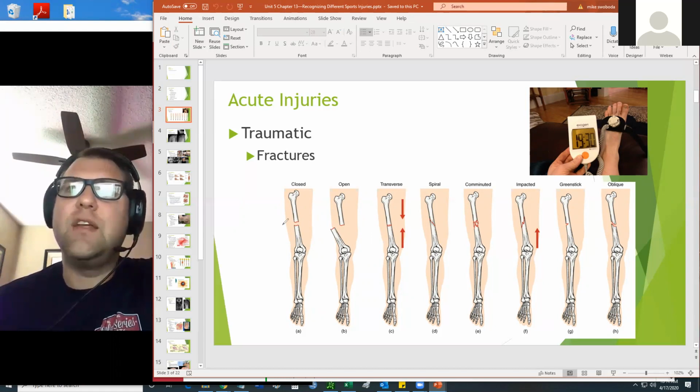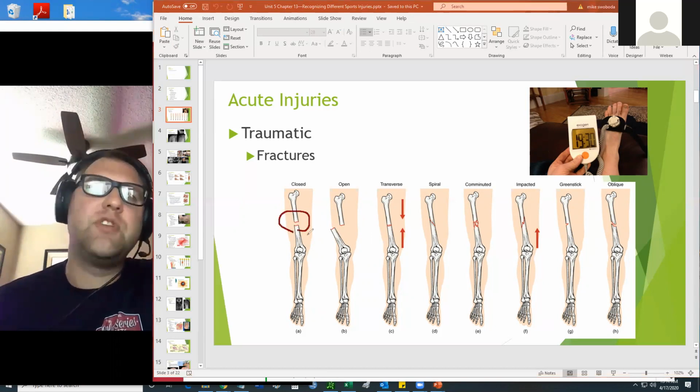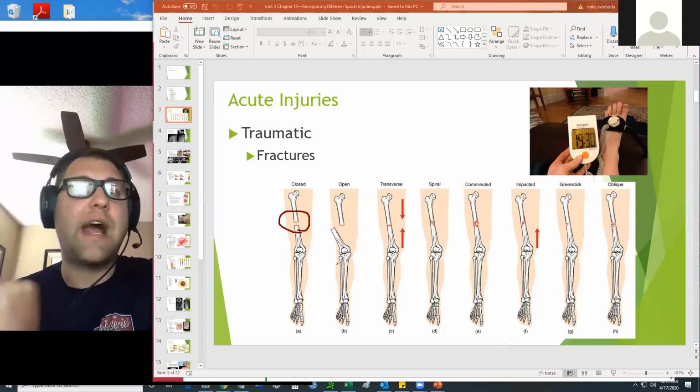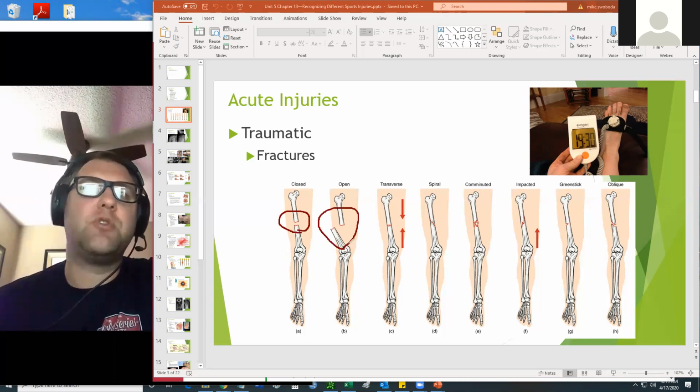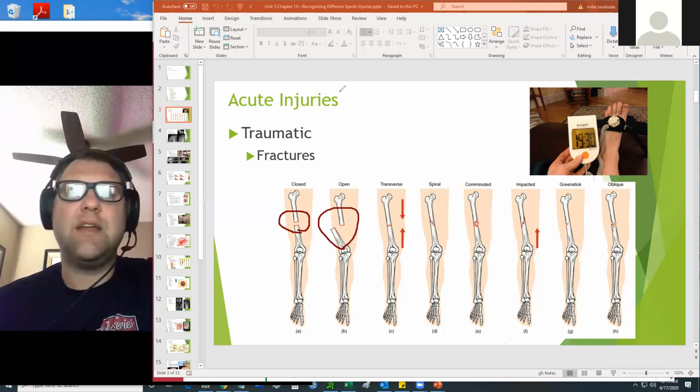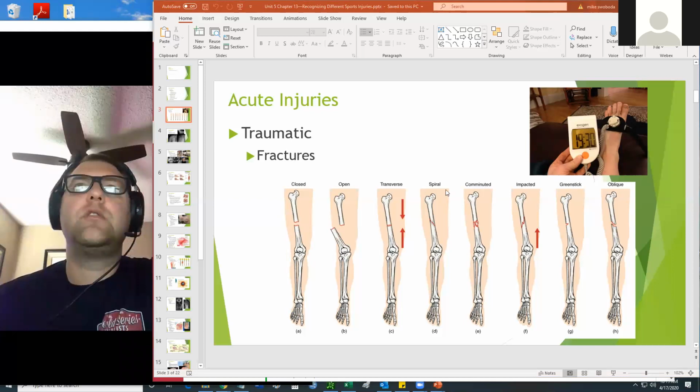This closed fracture would be the closest thing to it, but you can have a hairline fracture where it's just kind of cracked, or you can go as bad as this open fracture where there's a bone sticking out of your skin. So all different types there.